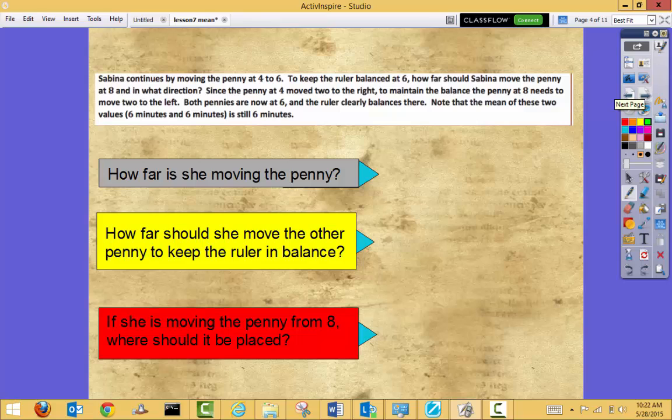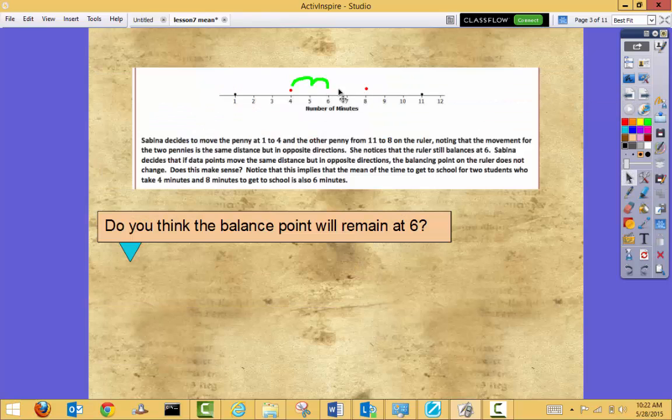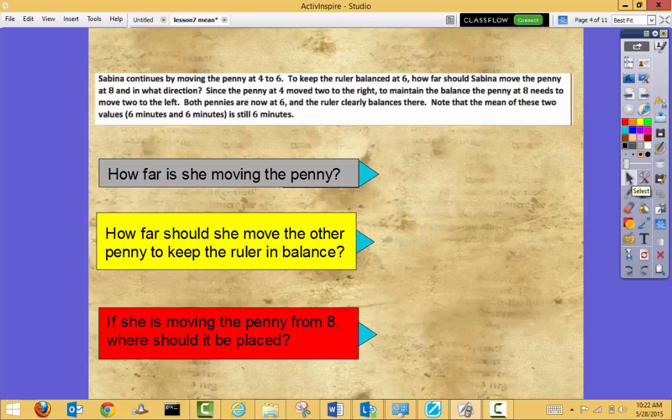So it's asking me, how far should I move the penny? Well, we just learned if I move it 2 jumps this way, to keep it balanced, I have to do that same number of jumps, but in the opposite direction. So I need to move it 2 jumps, but in the opposite direction.